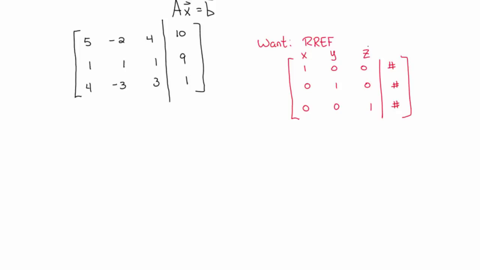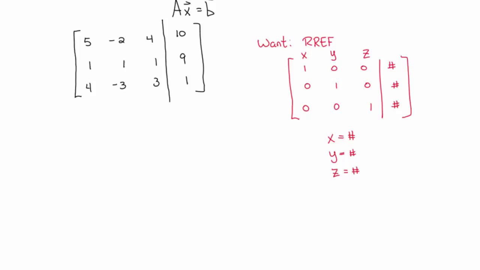If we were to get into this reduced row echelon format, we would be able to say 1x plus 0y plus 0z, or in other words, x, is equal to some number. The second row would tell us that 0x plus 1y plus no z's is equal to a different number. And finally, 0x plus 0y plus 1z is equal to another number. And so you would get your answer to your system. We would be able to develop an algorithm to get an answer to this system.